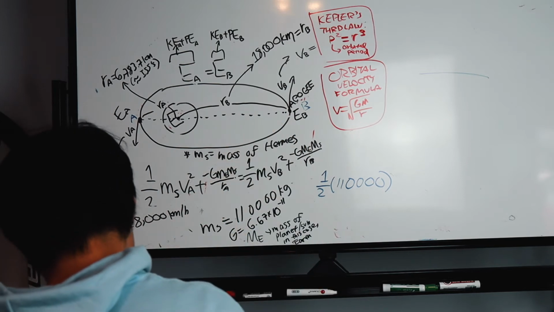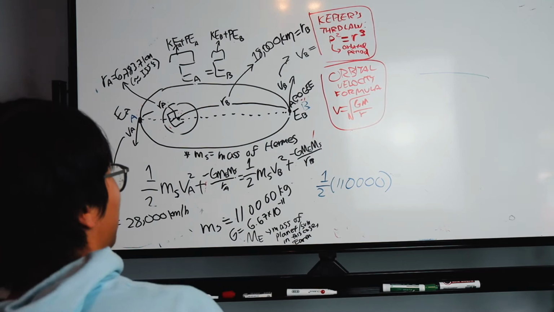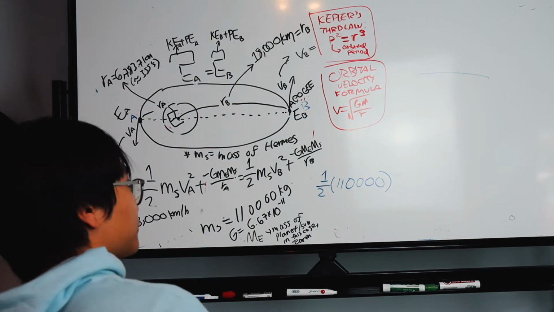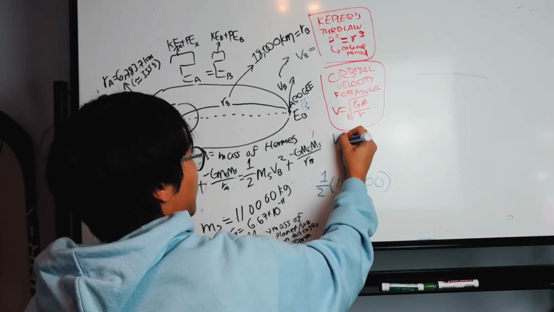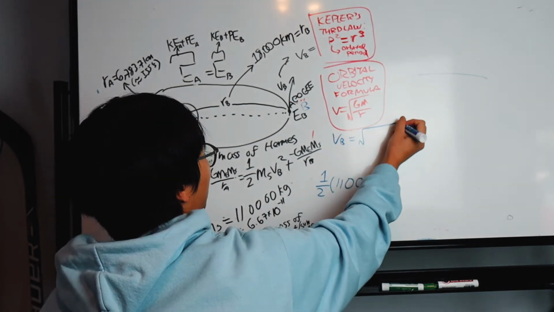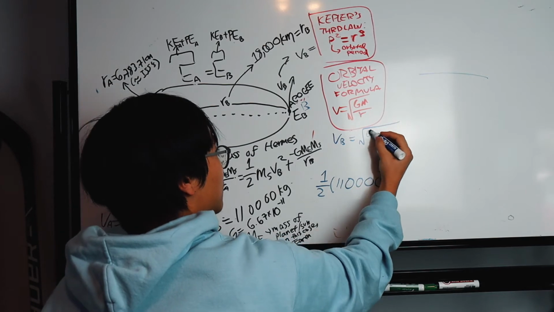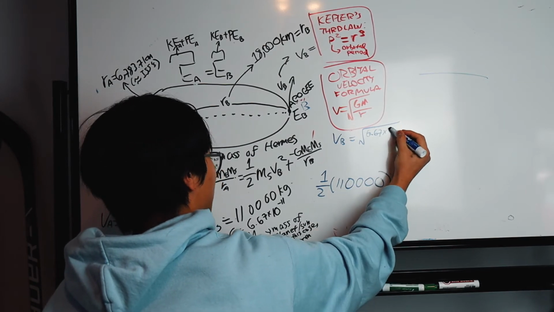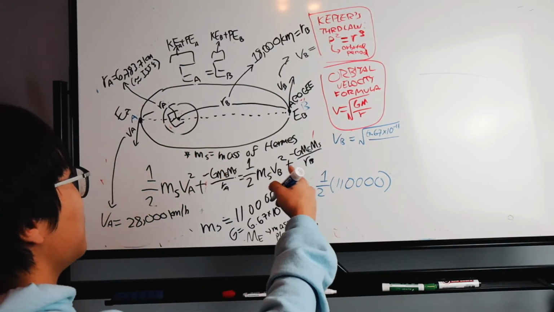Okay. So here we do know the value of G, which is 6.67 times 10 to the power of negative 11. Here we're going to derive the value of VB. So VB equals the square root of G, which is 6.67 times 10 to the power of negative 11, over R. R in this case is RB.